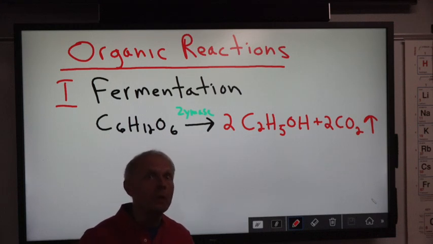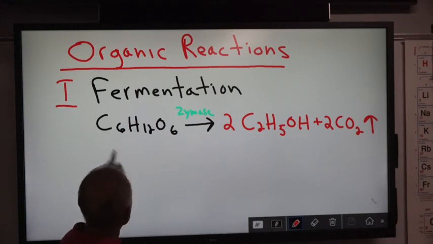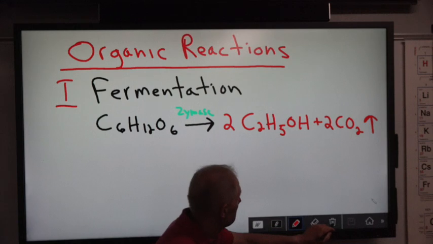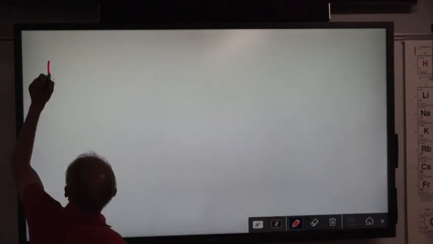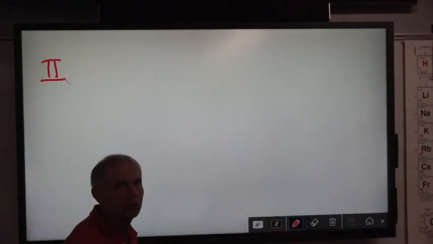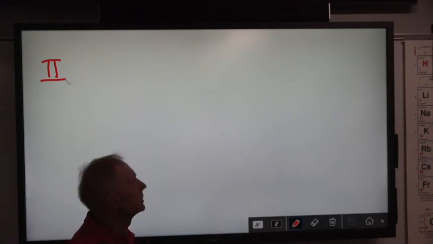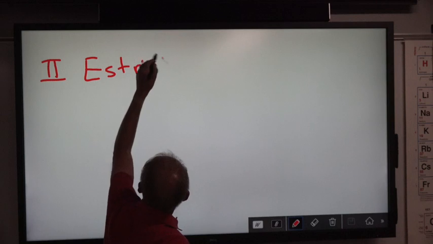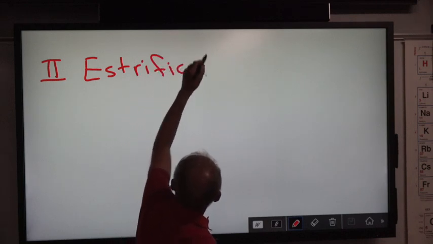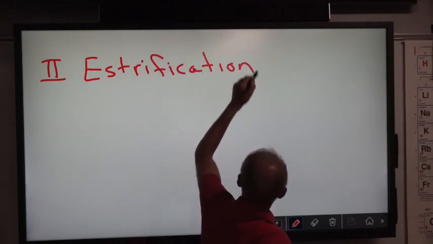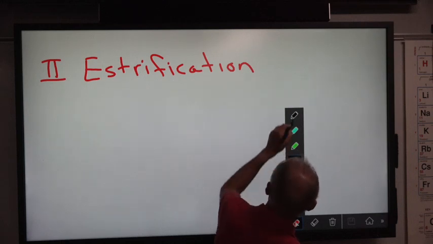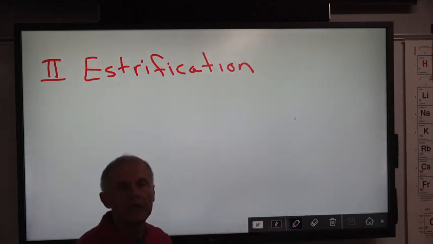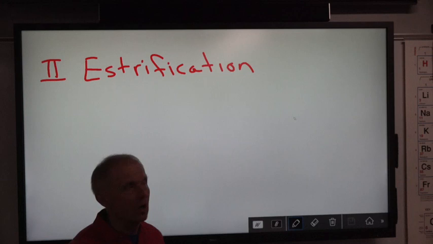The next one we just did. So if you'll put down Roman numeral 2. Roman numeral 2, and this is esterification. And this is where you take an organic acid and an alcohol.